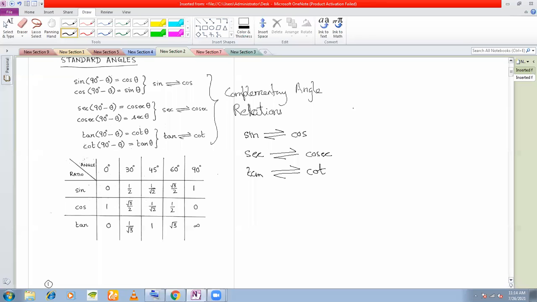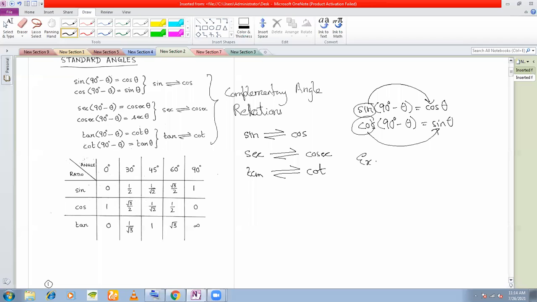So how do you change sine to cos? Sine 90 minus theta will be equal to cos theta, or cos 90 minus theta will be equal to sine theta. You see that sine here changes to cos. Cos here changes to sine.